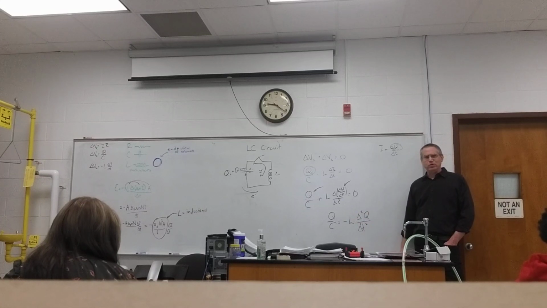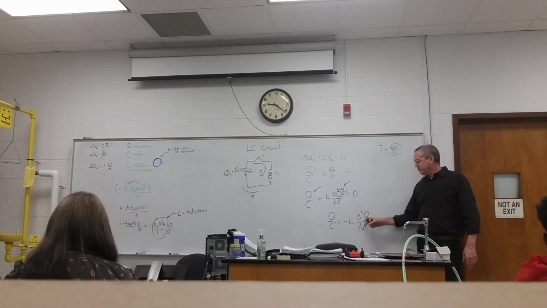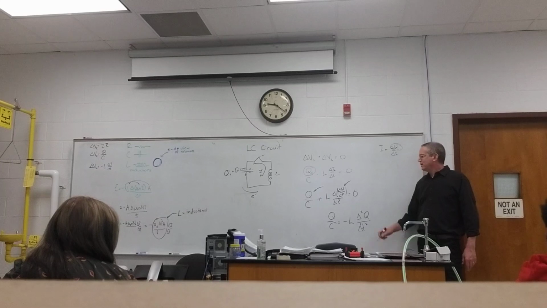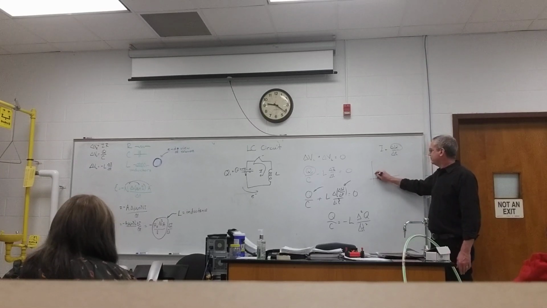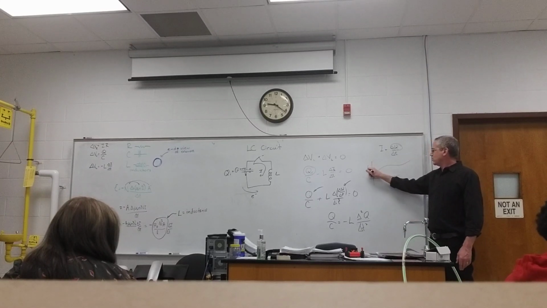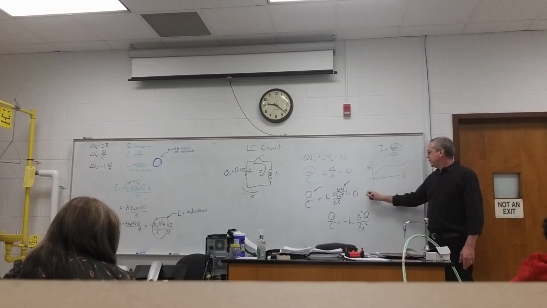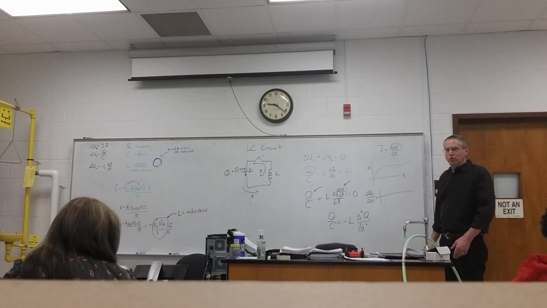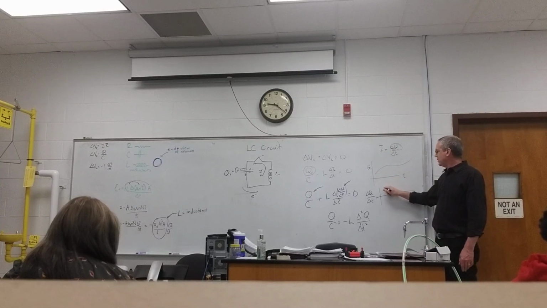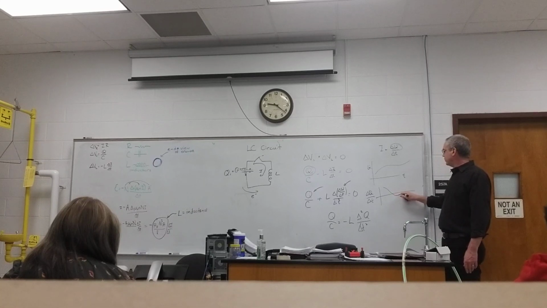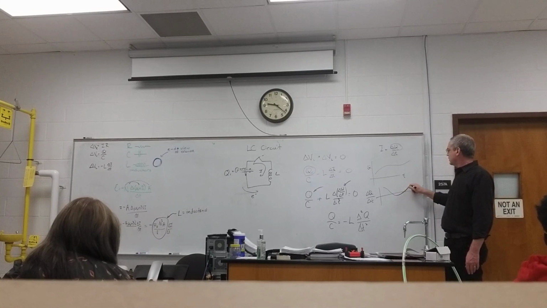I need some function whose, well, don't forget when I'm doing delta Q over delta T, if I have some function of Q here, if that's Q versus time, then delta Q over delta time is just the slope. This is some positive value getting smaller, then it's negative for a little bit, then it's positive again.